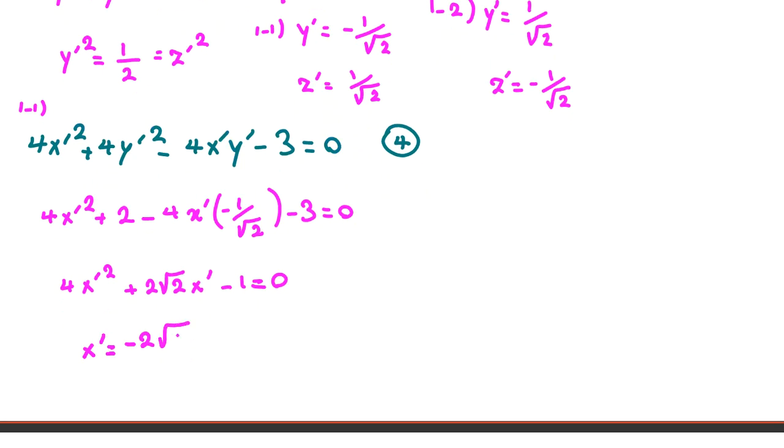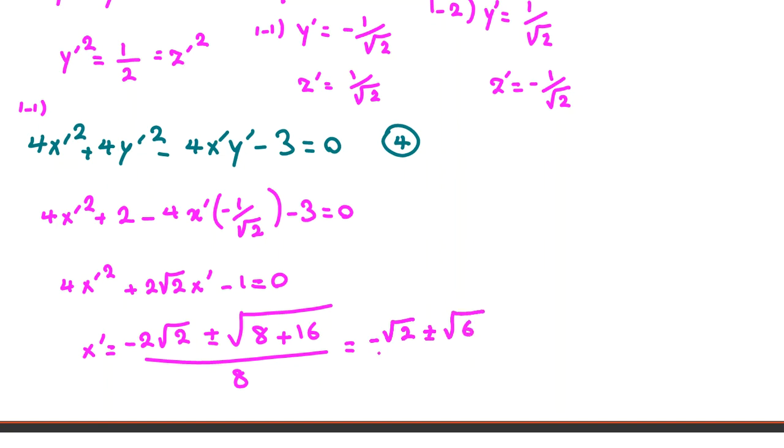Will be negative 2 root 2 plus minus square root of 8 plus 16 over 2a, 2 times 4, 8. So it will be negative root 2 plus minus root 6 over 4.